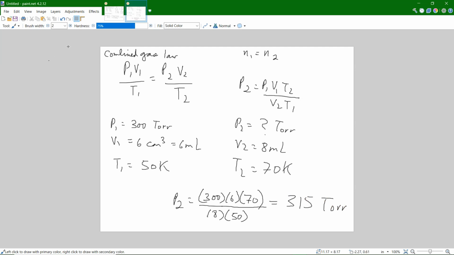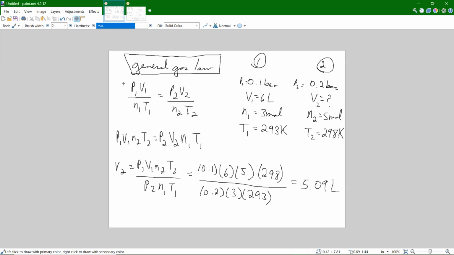And if I go back just to the general gas law, when you look at it, you see that most of the experimental gas laws, all the ones we've talked about so far, are in there. If I have constant number of moles and temperature, then I get Boyle's law, P1V1 equals P2V2. If I have constant pressure and number of moles, then I get Charles's law, V1 over T1 is V2 over T2, right?